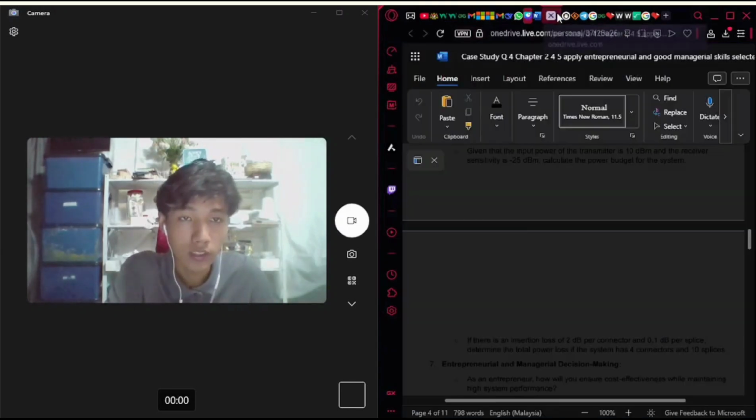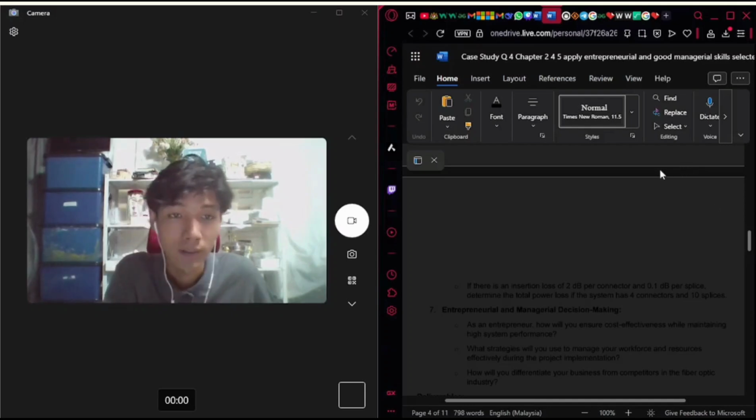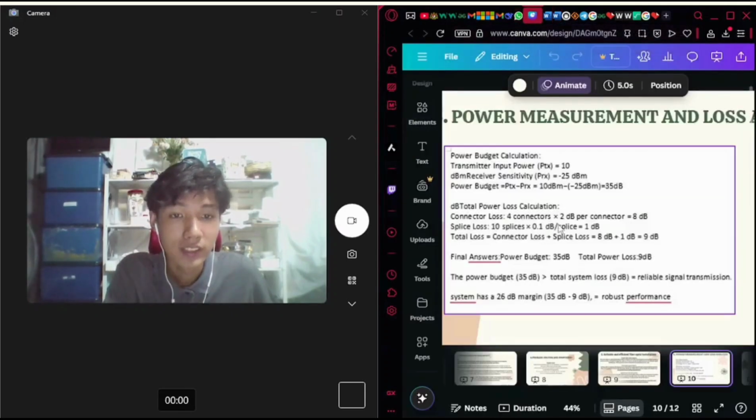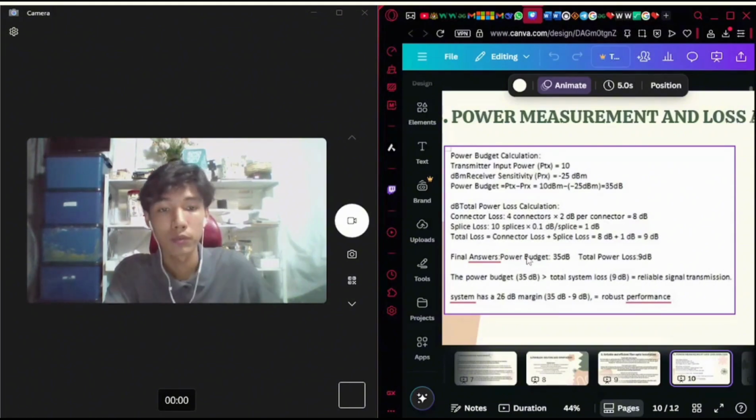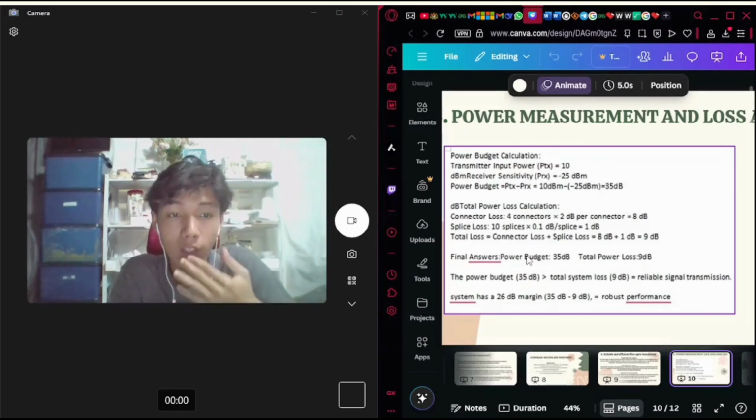The second question is, there's an insertion loss of 2 dB per connector and 0.1 dB per splice. Determine the total power loss if the system has 4 connectors and 10 splices. So you have to multiply the 2 dB by the 4 connectors, and then multiply the 0.1 dB per splice by 10 splices. For the total power loss calculation, connector loss is 4 times 2, because there are 4 connectors and 2 dB loss per connector, equivalent to 8 dB.